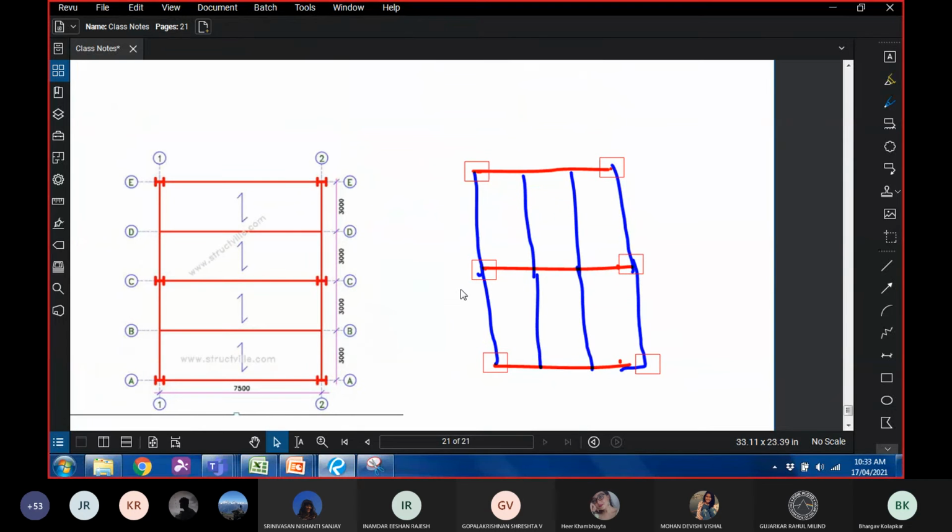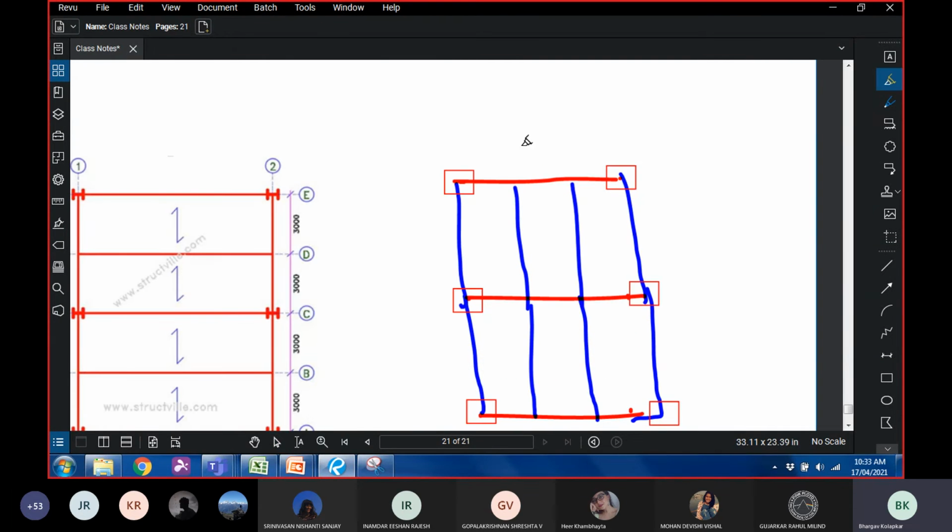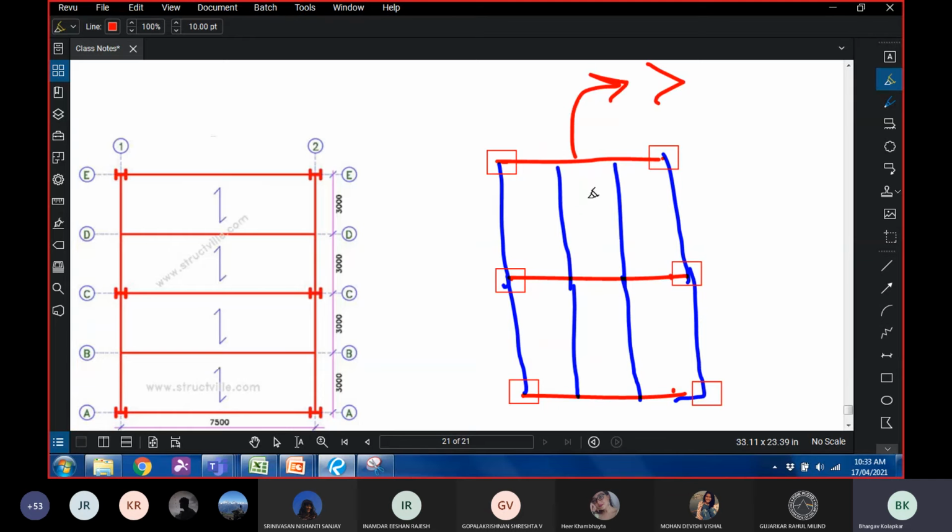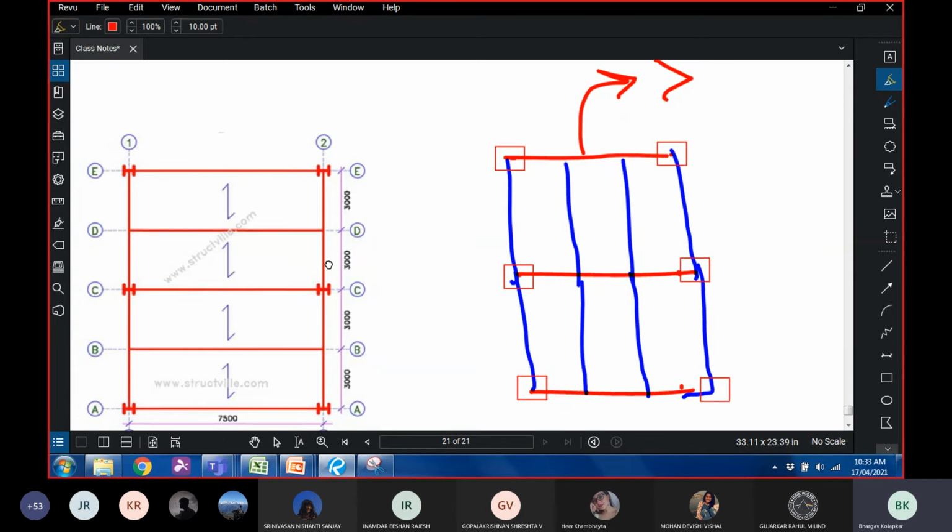So, do you notice the difference between these two systems? What we've done here is we've provided primary beams along the longer span. The load remains the same, but we have provided primary beams along the longer span. What happens in that case is you get a larger section for a primary beam, and the secondary beam section might remain the same.